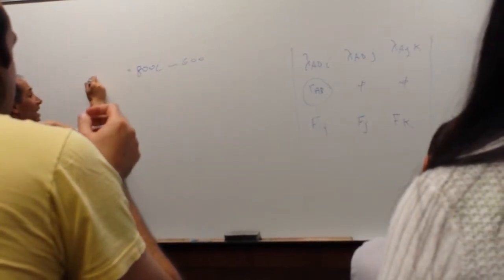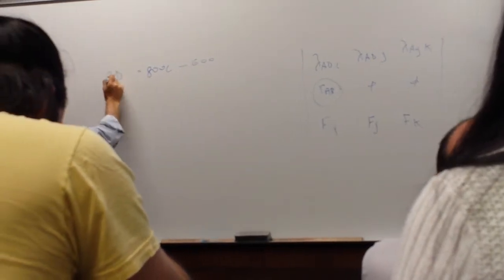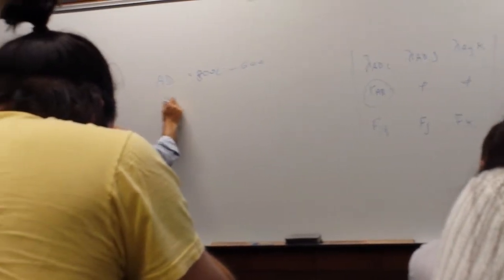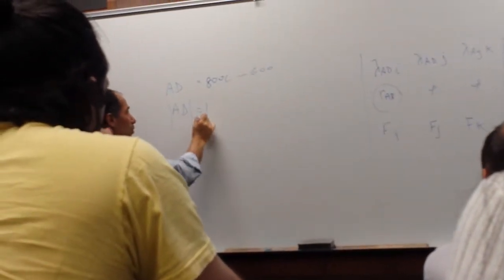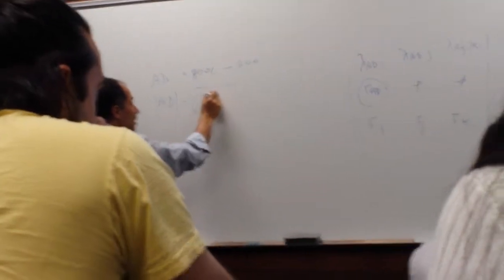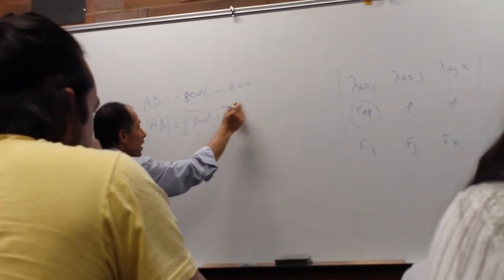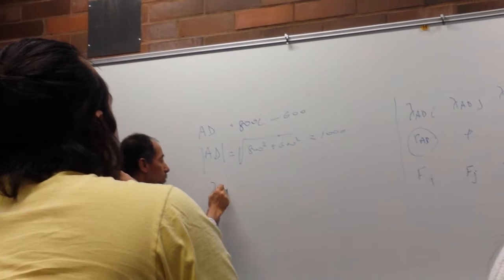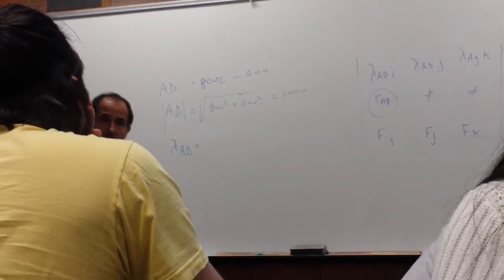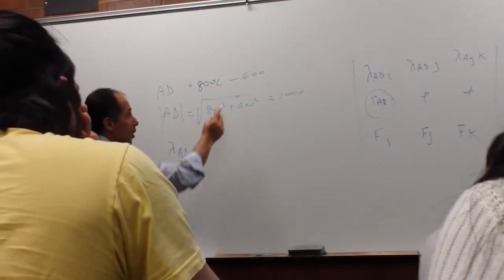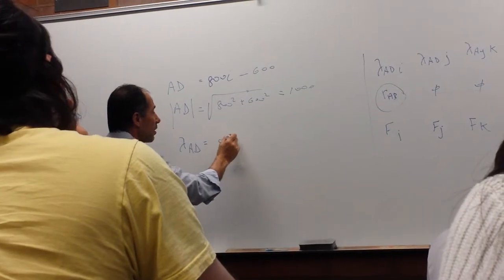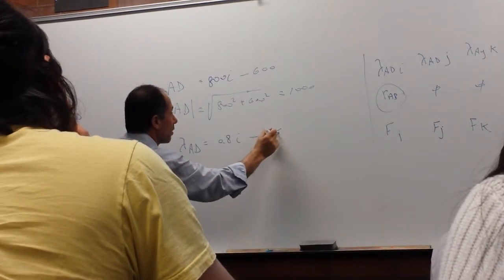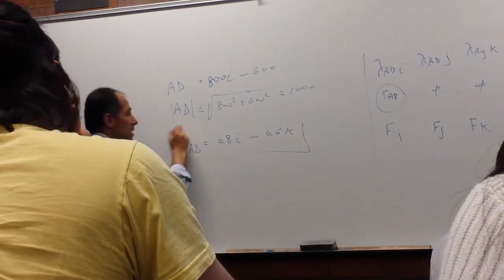This is the line from A to D. AD as magnitude is going to be the square root of 800 square and 600 square, which equals 1,000, correct? And now the lambda AD, which is the unit vector, is going to be this over 1,000. This is the lambda.